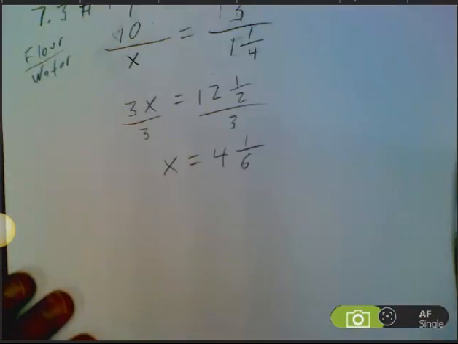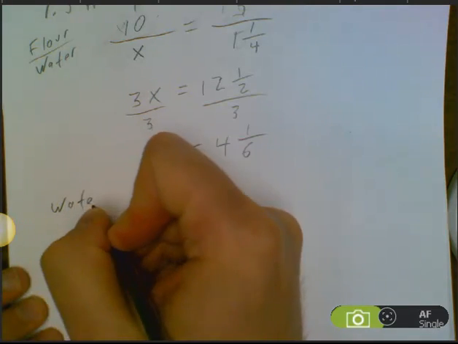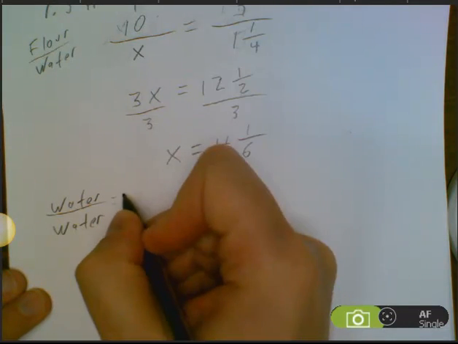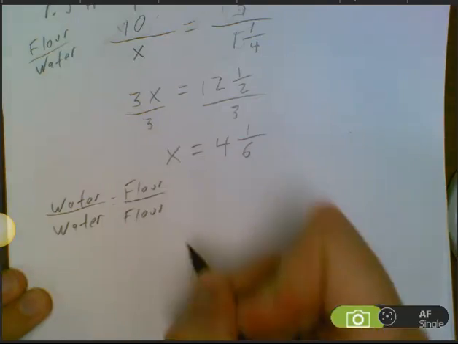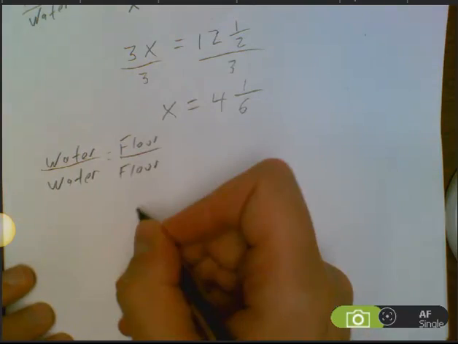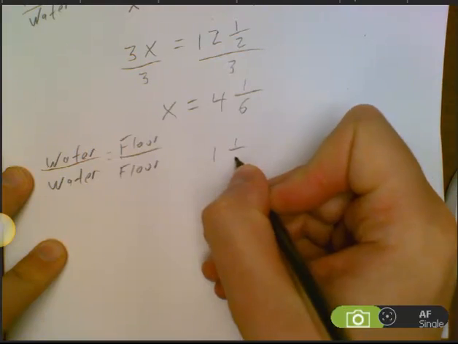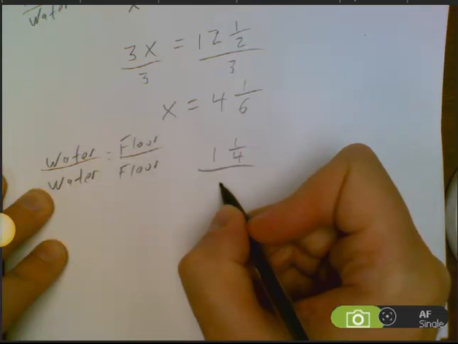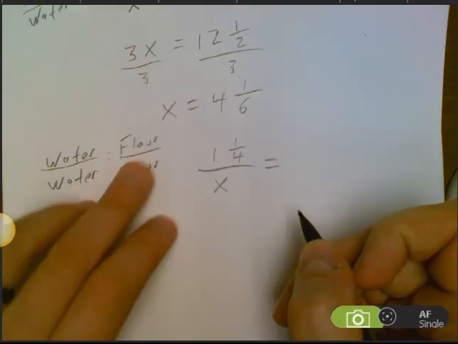Now we could also set it up as water over water equals flour over flour. So this is comparing like quantities. If we take water in the old one, we got 1 1/4 over how much water is going to be in the new recipe, which is what we want to find, is equal to flour over flour.